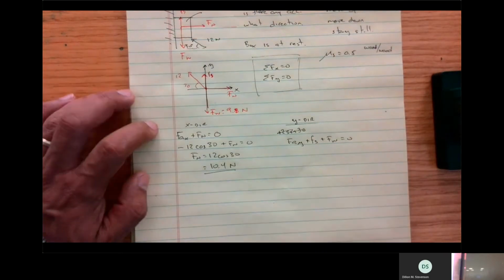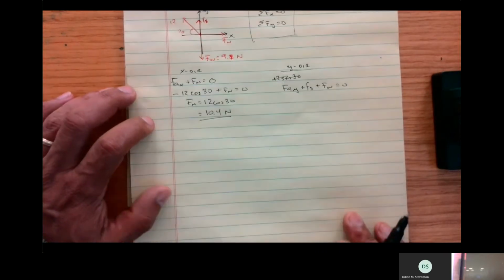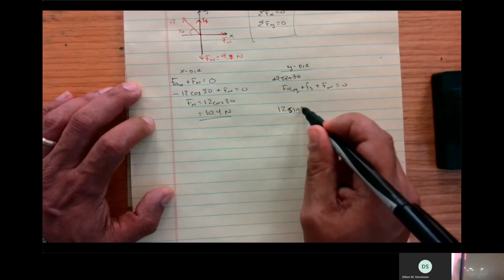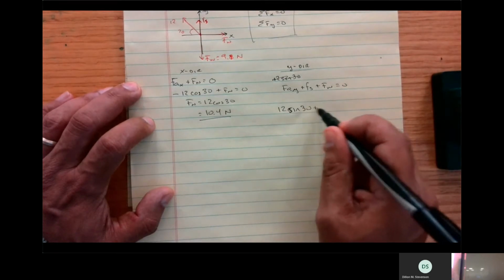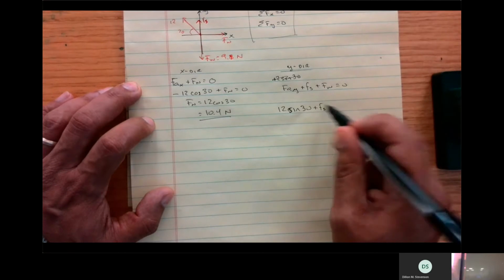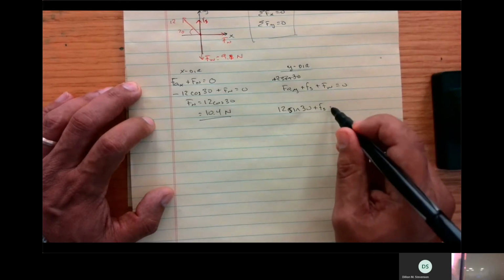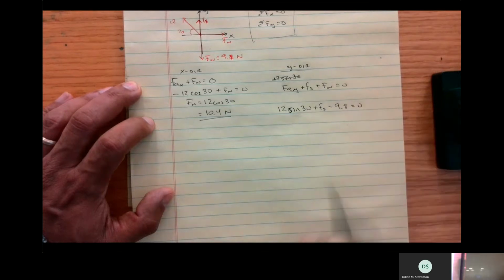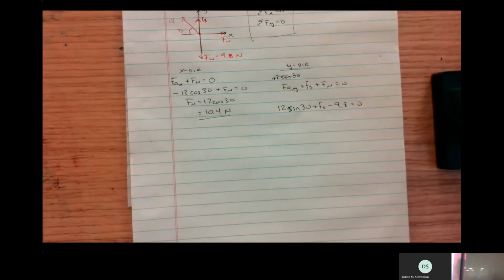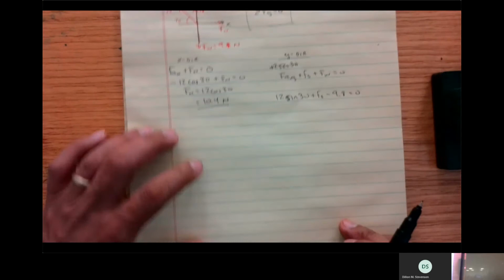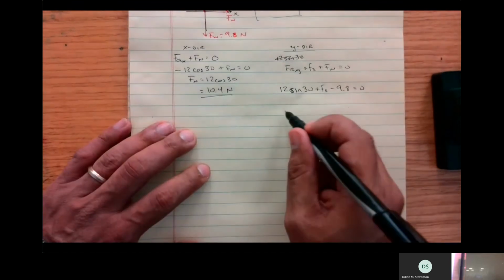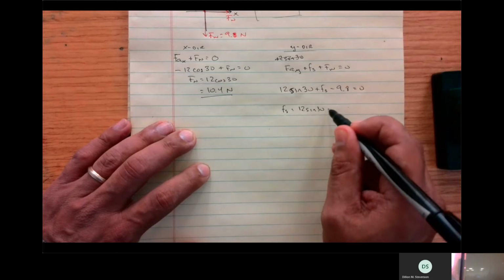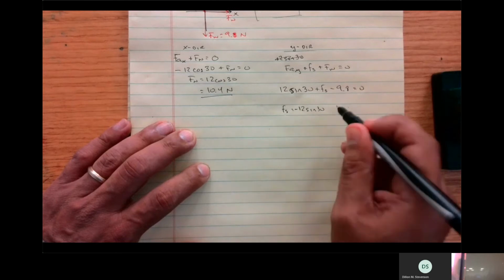So I'm going to have 12 sine of 30 plus the friction force, which I don't know what it is, minus 9.8, which is the weight. It's going to be 0. So I'm going to be solving for friction. So the friction is negative 12 sine of 30 plus 9.8.